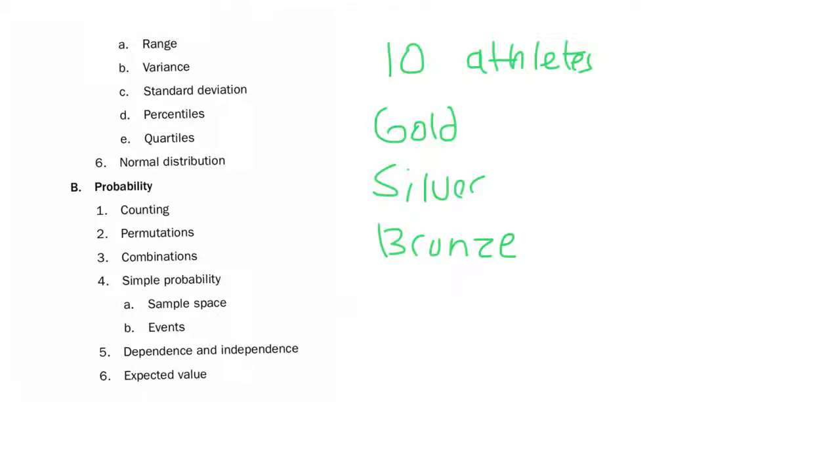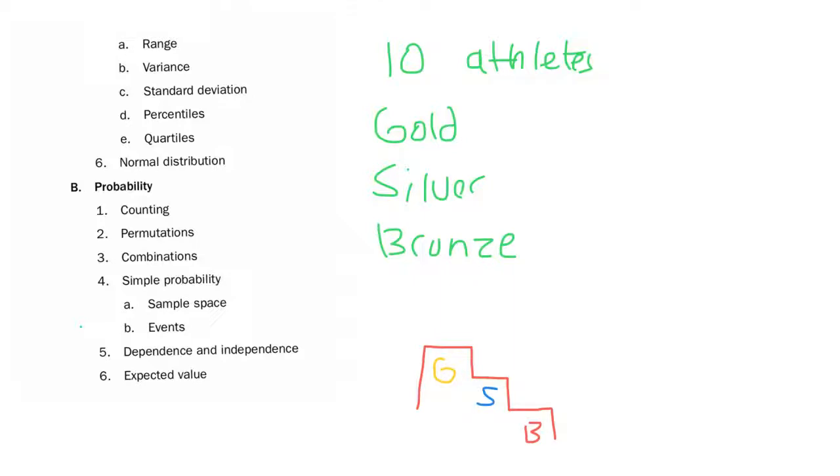This is a situation where the order matters. You could even literally think of it as the platform they typically have, right? The order matters because this first, highest platform is the gold, the next one is the silver, and the next one, we'll use red, is the bronze.